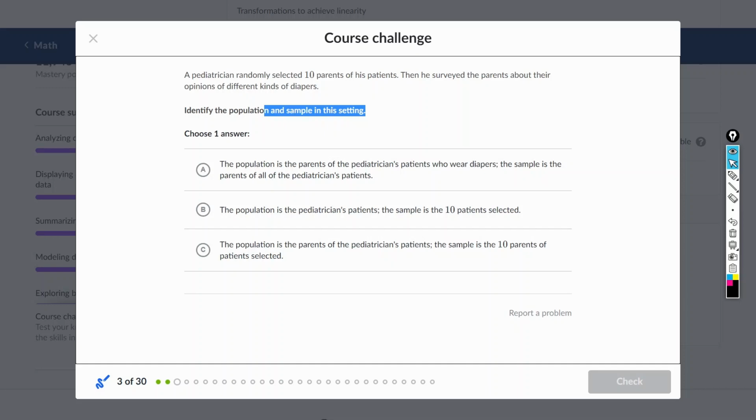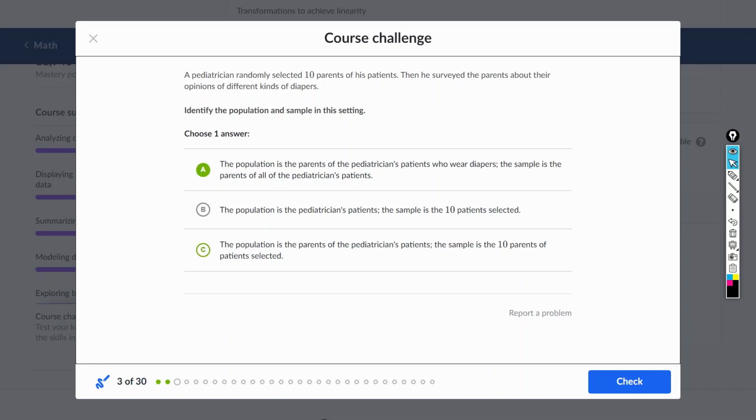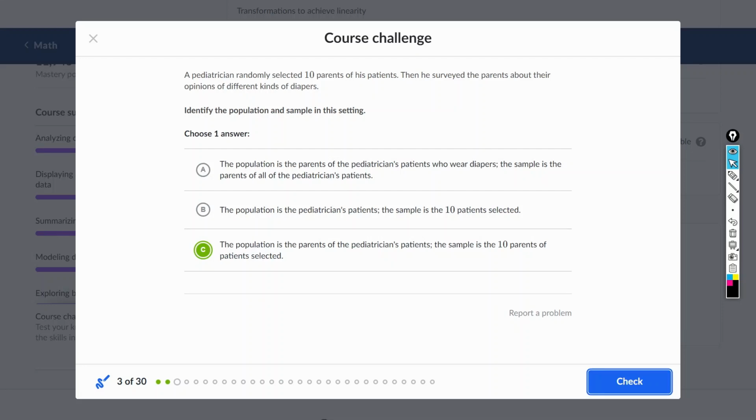The population is the patients who wear diapers, the sample is the patients... 这个不对。The population is the parents of the patients. The sample is the 10 parents selected.